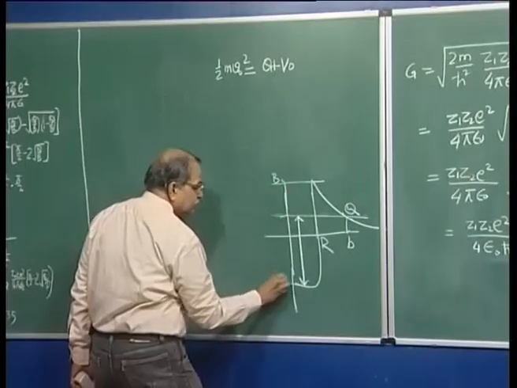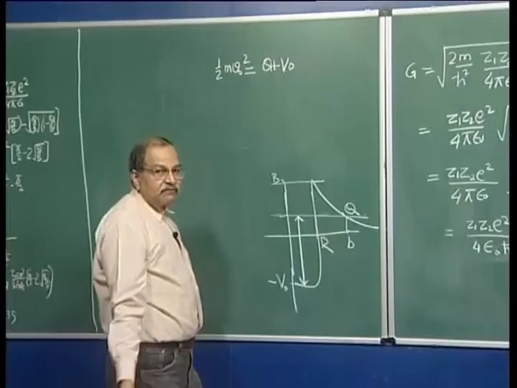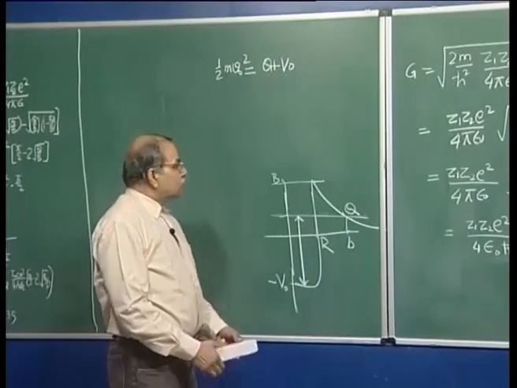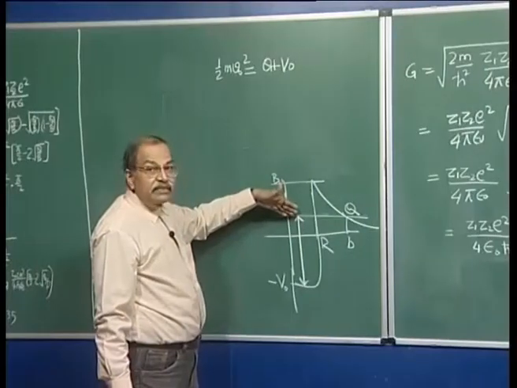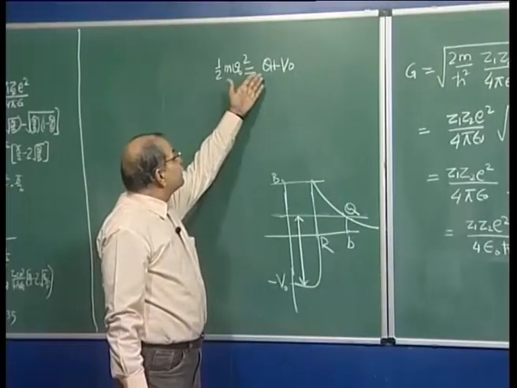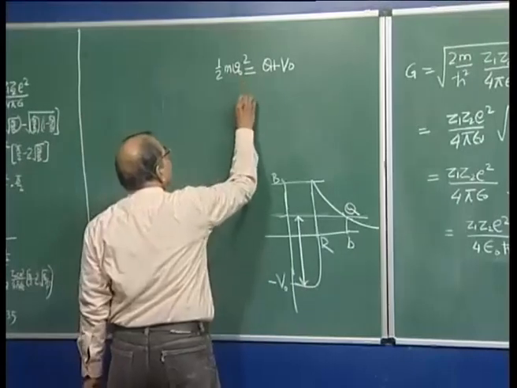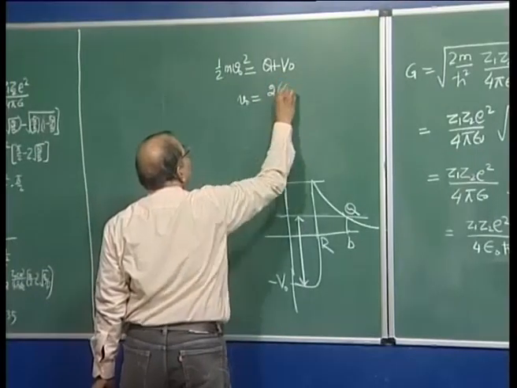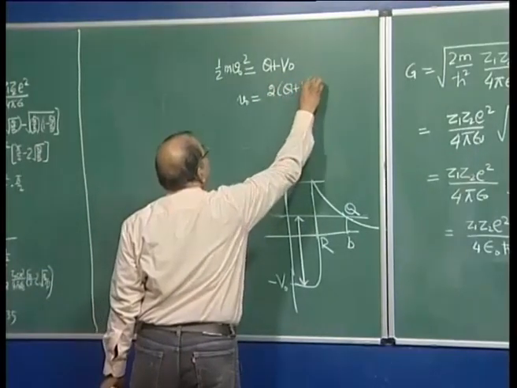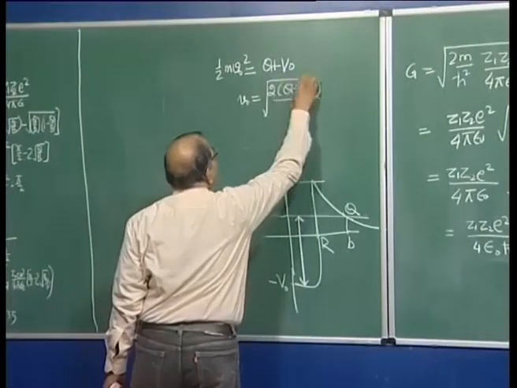This is the depth of the potential, V naught, typically say 35 MeV or so. So, the kinetic energy inside is given by this much, and from here you can get that v naught: 2 times Q plus V naught divided by m, and the square root of that.